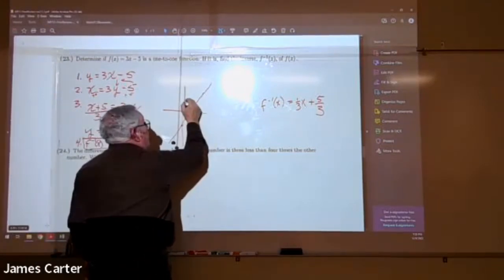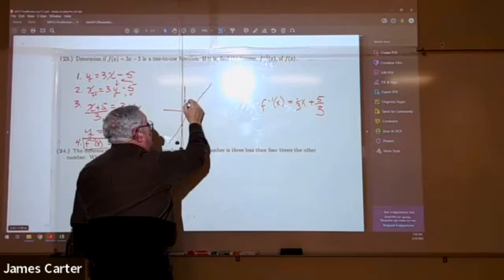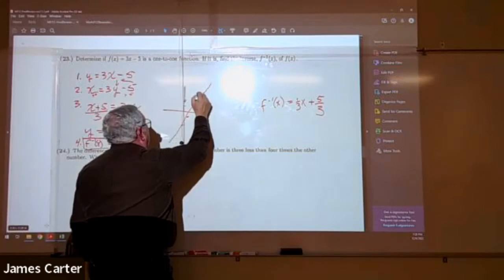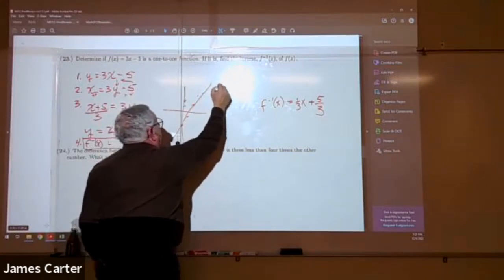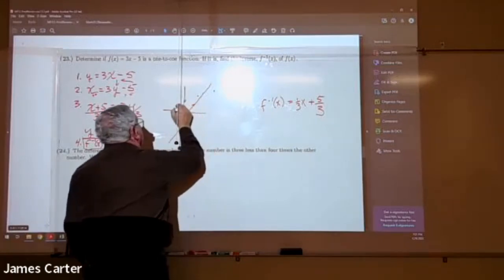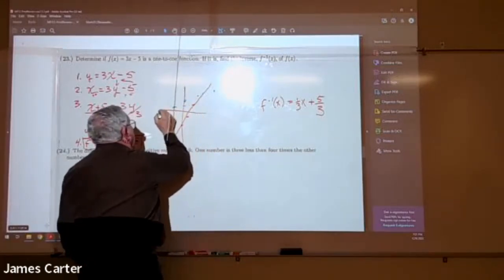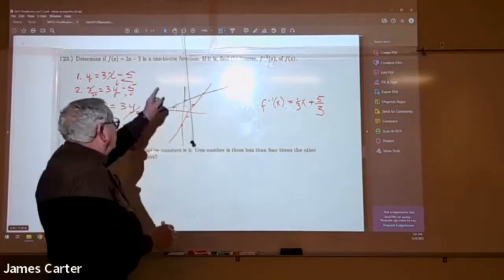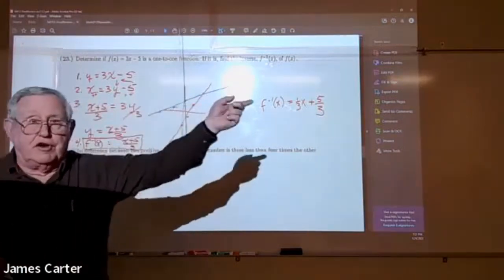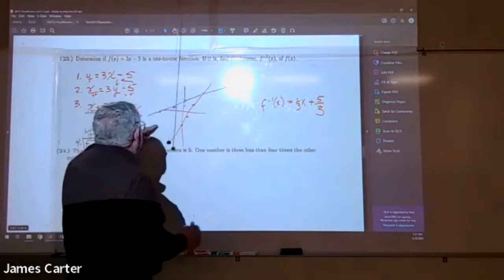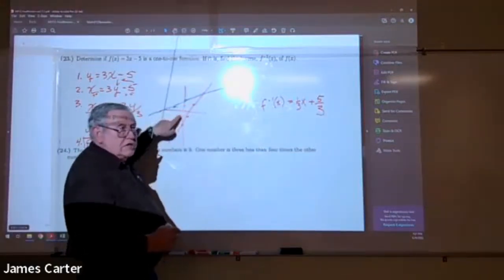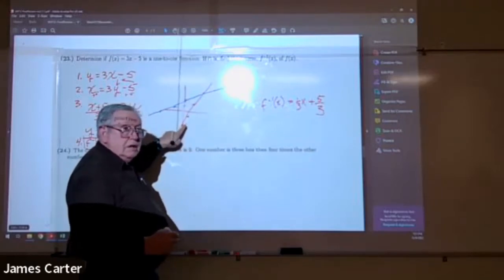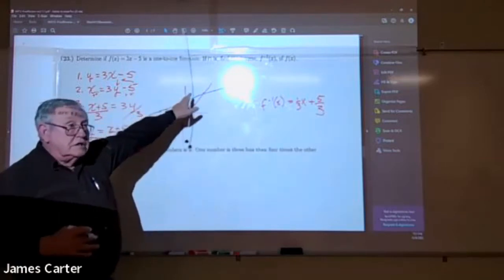And from there, 1/3 X. We go up 1/3, up 1/3, up 1/3, down 1/3, down 1/3. And you get this line, and it meets both horizontal and vertical. And if you look at these two, they reflect across that X equals Y line, don't they? So the answer is yes.